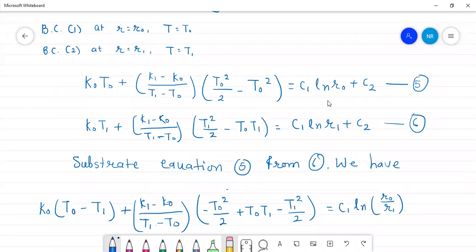So ln R0 minus R1 is equal to C ln R0 divided by R. Okay, so we do the subtraction of both.